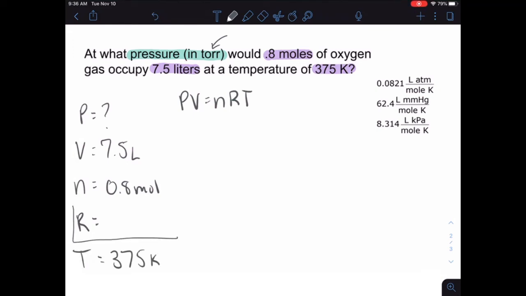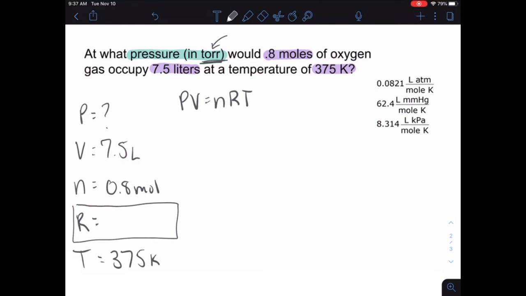So to figure out our R value, we need to think about our pressure unit. Well, this time we're solving for pressure, but it does ask us to have the units in torr. So in this example, we need the pressure unit that matches for our R value.